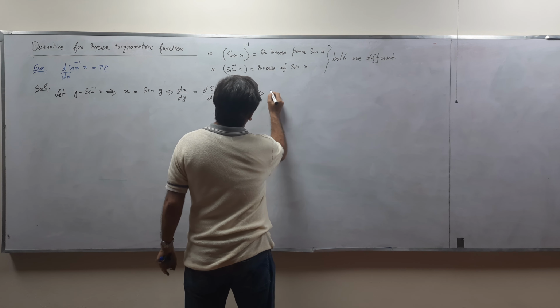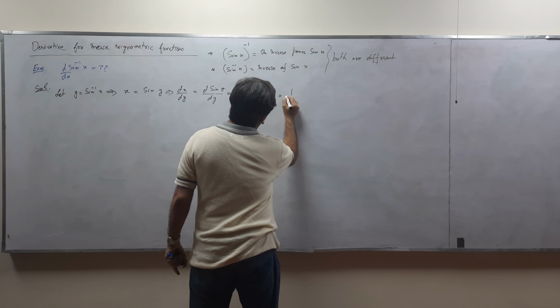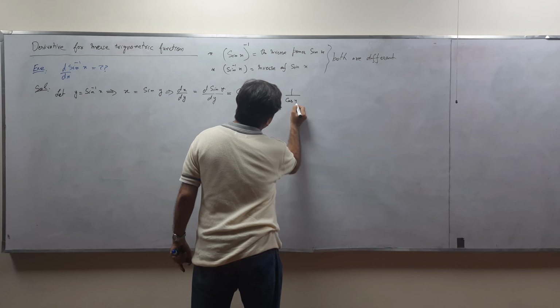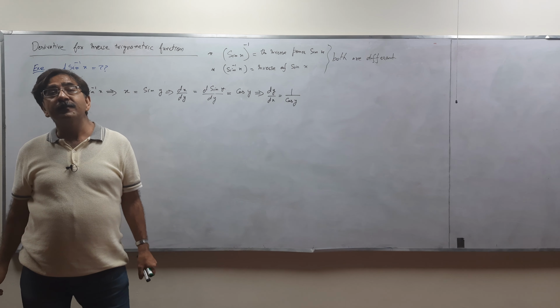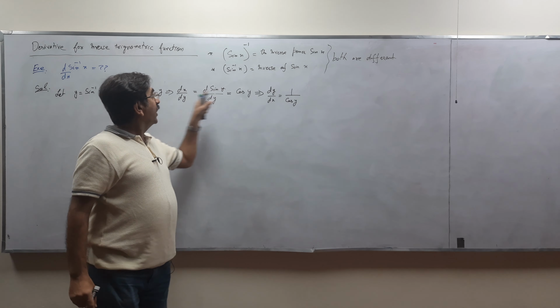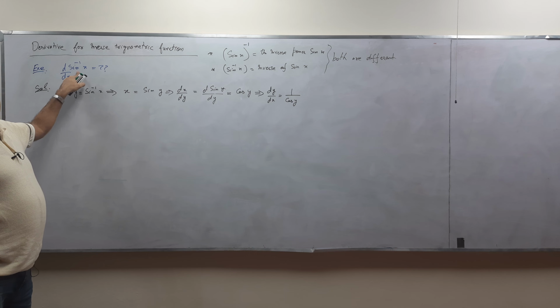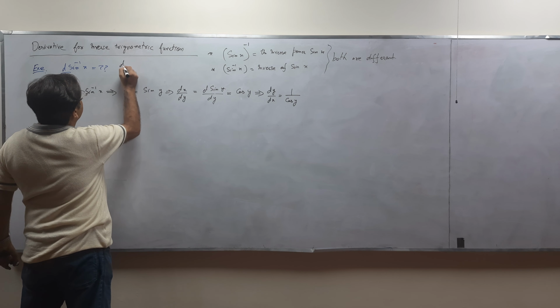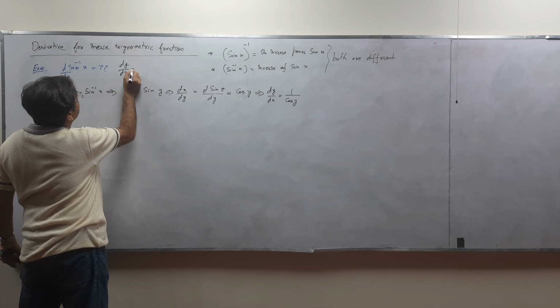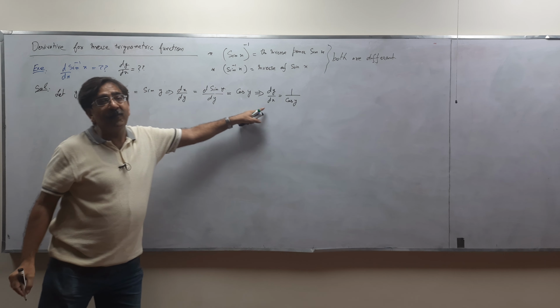So dy over dx will be equal to 1 over cos y. Because we have to find dy over dx, that's why we have to take the inverse.